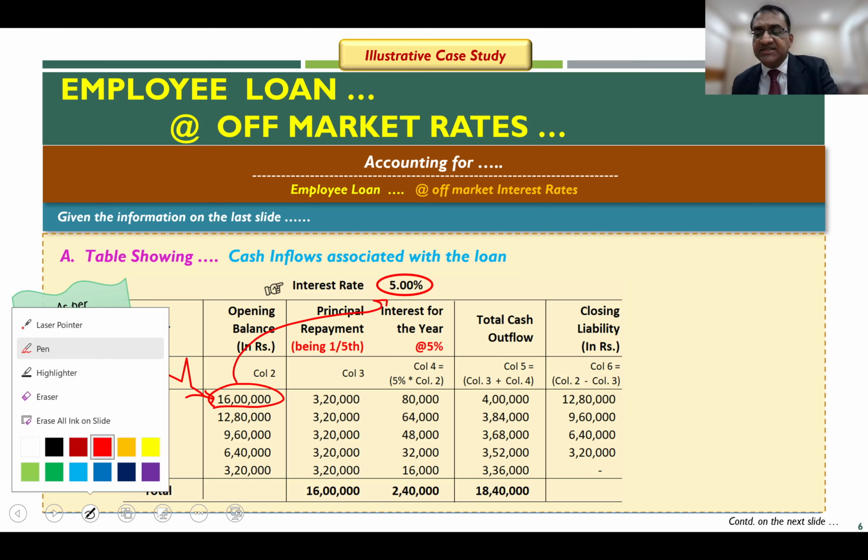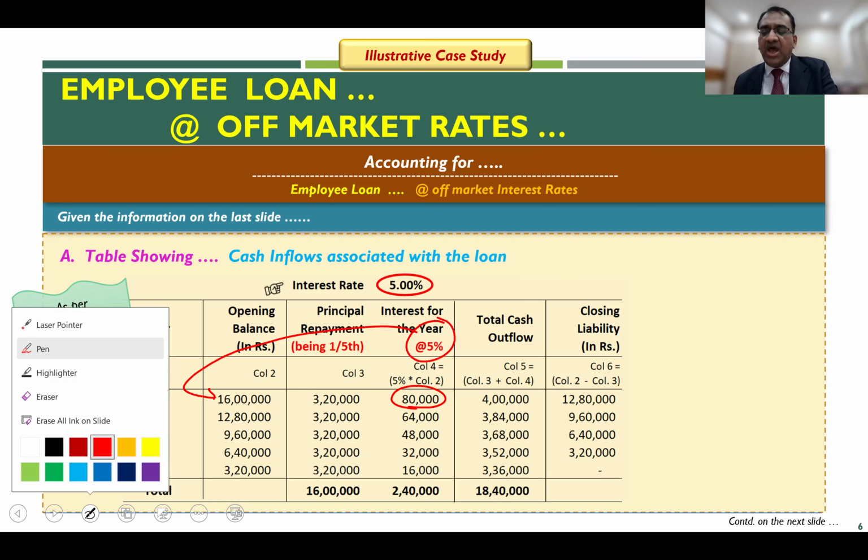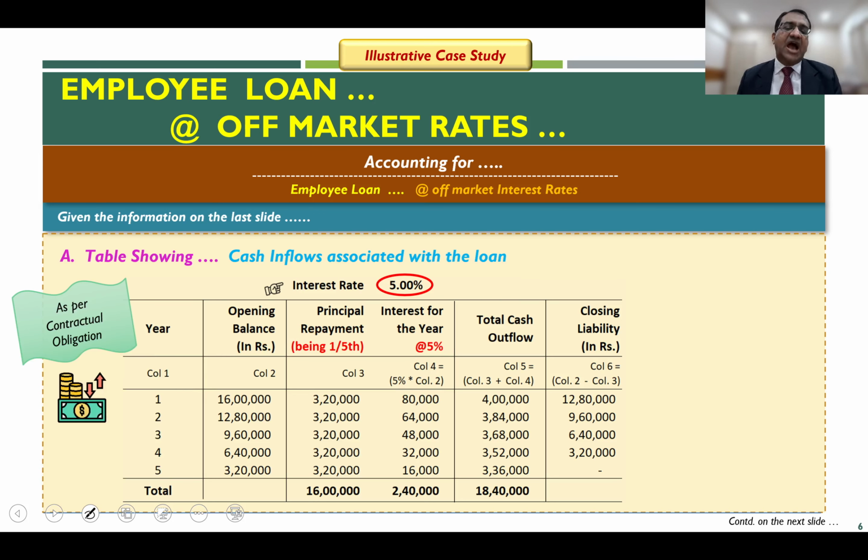So 5% of the outstanding balance of 16 lakh would be 80,000. So for year number 1, what would be the total cash outflow from an employee's perspective? The employee will pay a repayment of 3,20,000 being 1/5 of the loan plus 80,000 being the interest at the contracted rate of 5% on 16 lakhs. Therefore, the total cash outflow for the year is 4 lakh rupees.